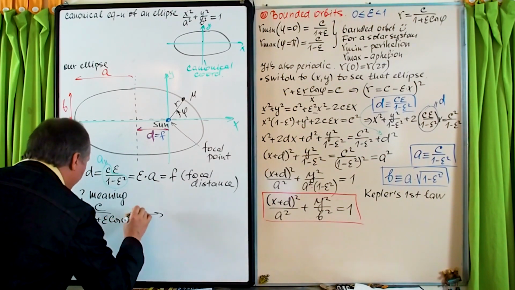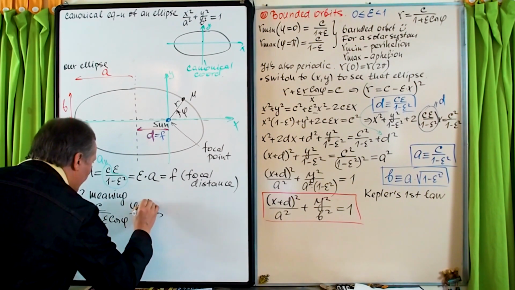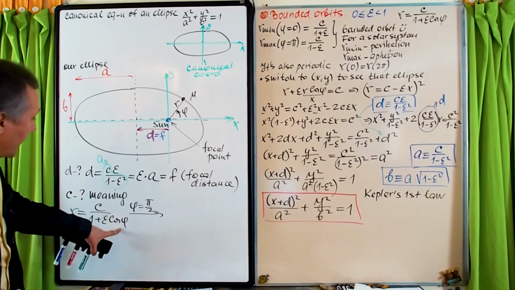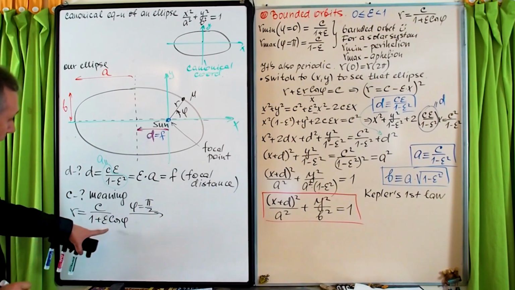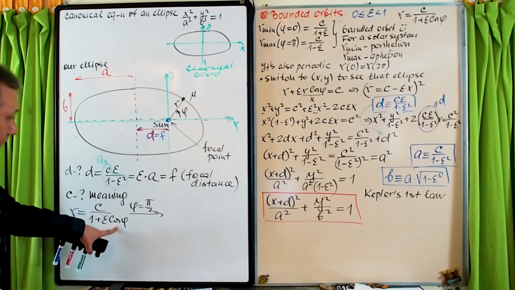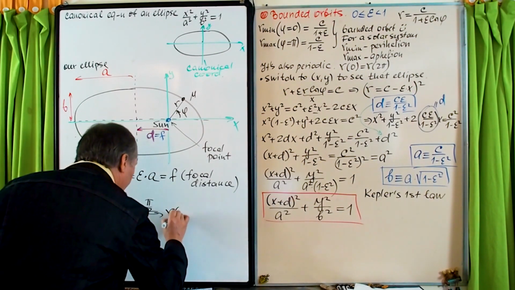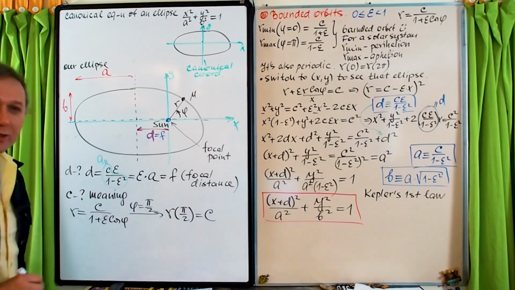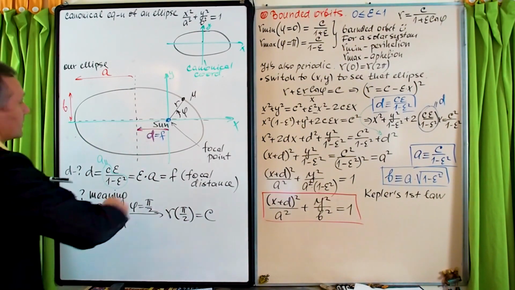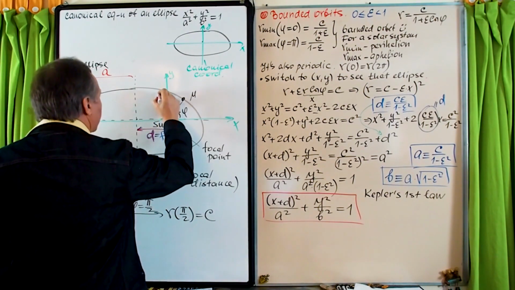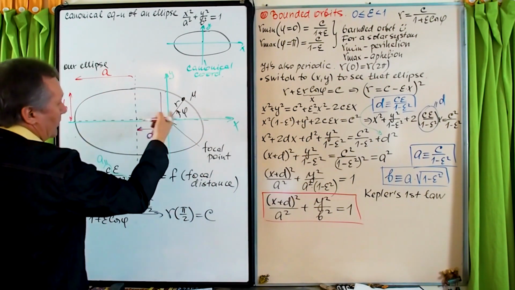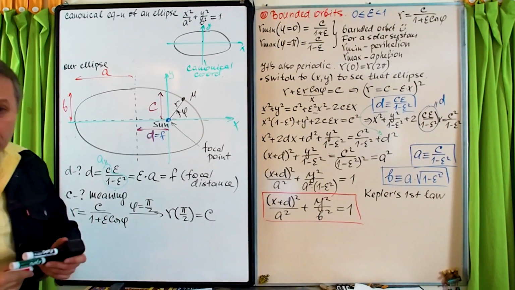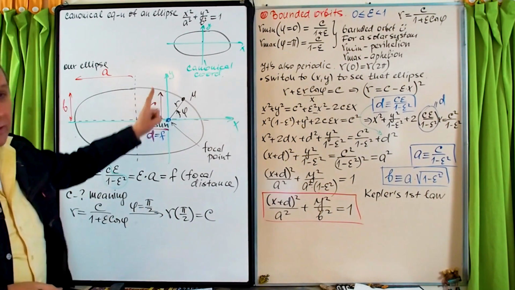What if phi equals pi over 2? Cosine of pi over 2 is 0, and as a result, r at pi over 2 equals c. So the constant c is just this distance, where the angle is pi over 2. This distance is c, the position of the planet when the angle is pi over 2.